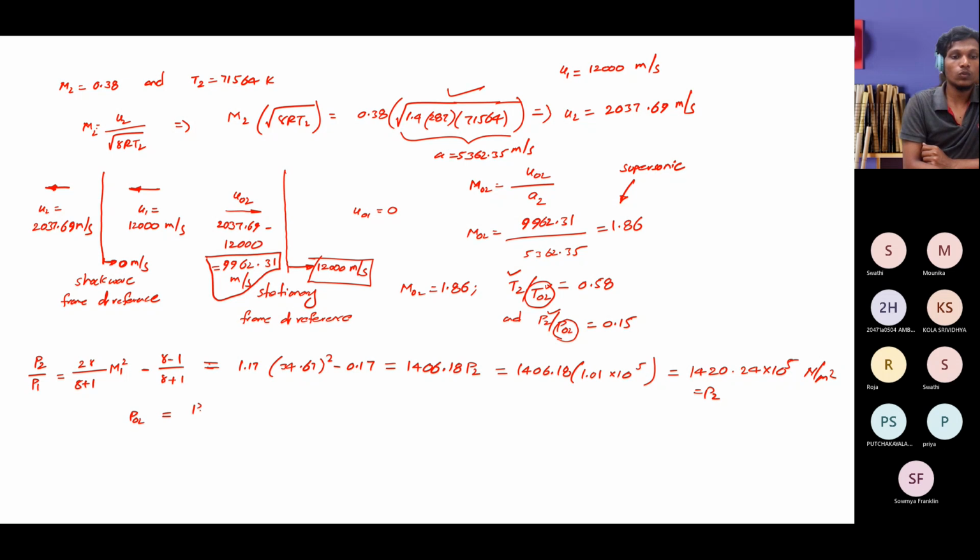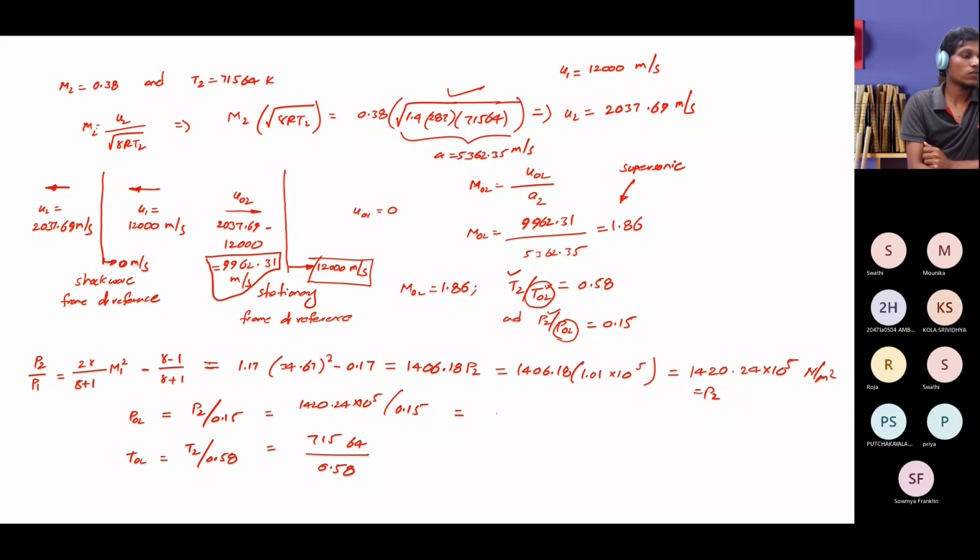P02 equals P2 by 0.15, and T02 equals T2 by 0.58, where we just got P2 equals 1420.24 times 10 to the power 5 Newton per meter square, divided by 0.15, and T2 we got as 71564 divided by 0.58.